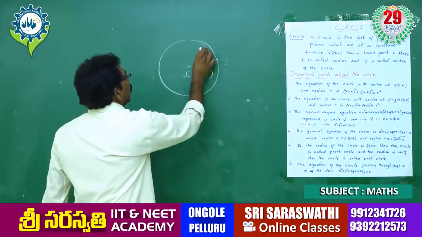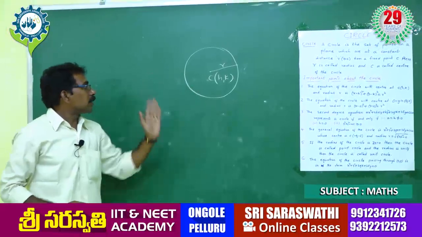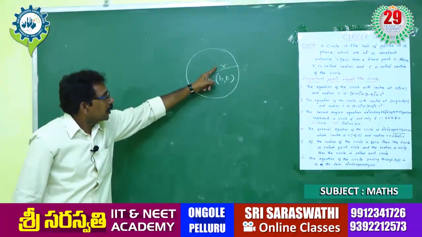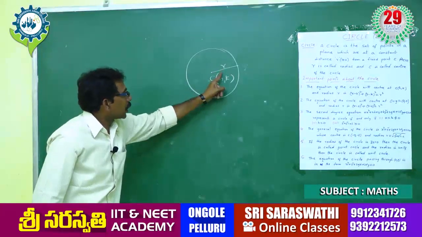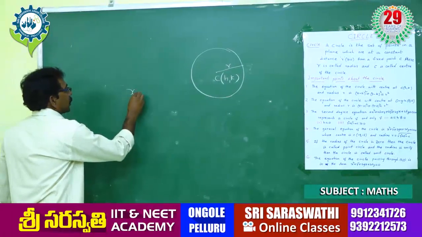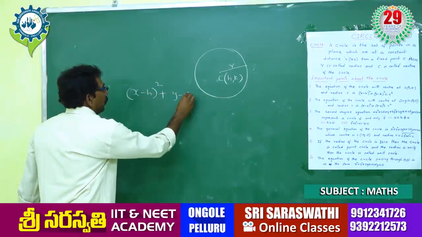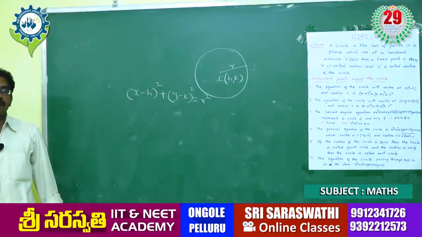If we know center and radius, then the equation of the circle can be written in this form.